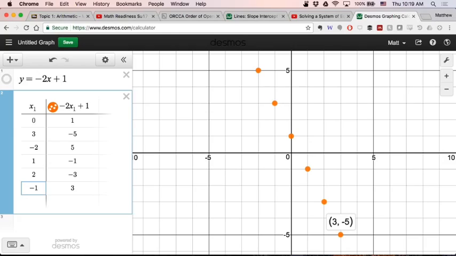So the more of those points that I plot, the clearer a picture emerges that all of the xy pairs that satisfy this relationship seem to lie upon a common straight line. That line. So that gives me a clue that this kind of equation, y equals negative 2x plus 1, has a graph that describes a straight line in Cartesian coordinates.